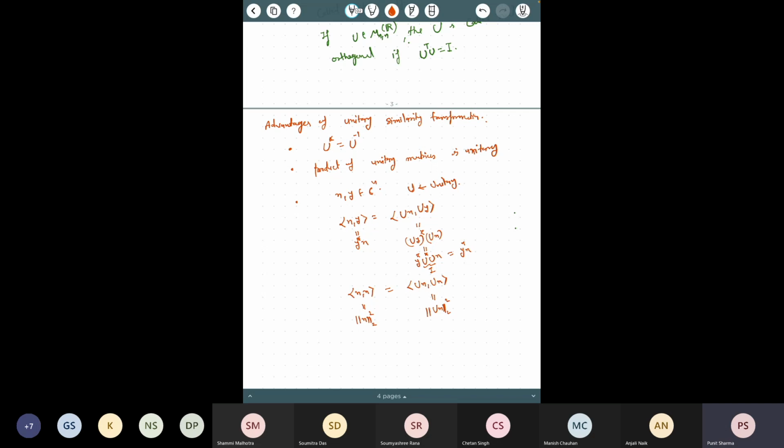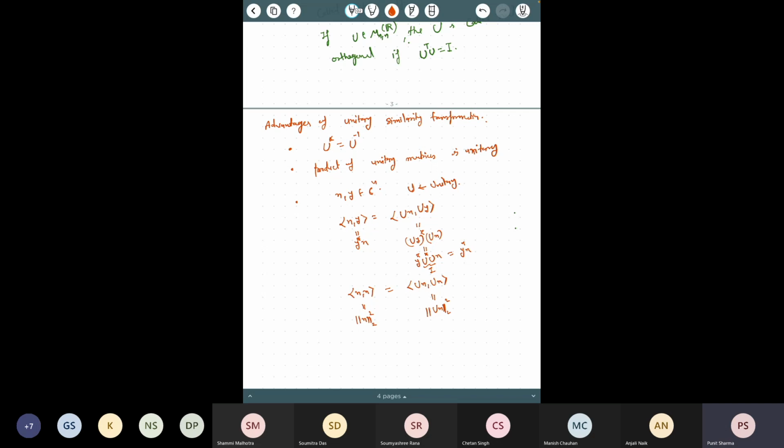Not only that, if you apply a unitary transformation on a matrix, then this transformation does not amplify the errors which are available in the matrix. That means if the matrix has certain error, then after the transformation the matrix will have an error of the same magnitude.